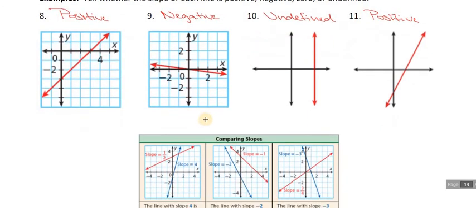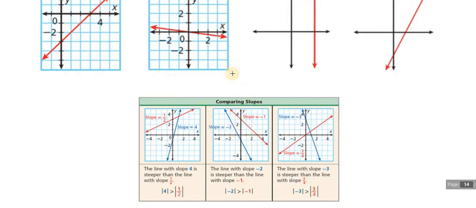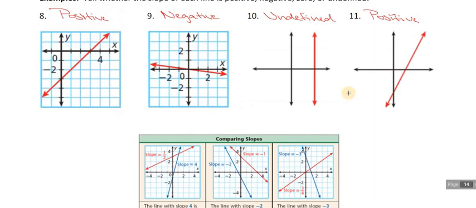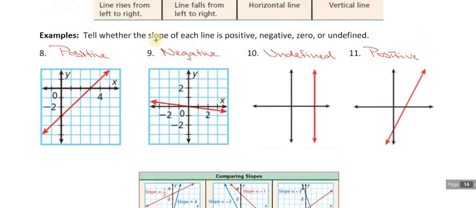Okay, we do then have a little infographic down here talking about the comparison of slopes. The larger the absolute value of the number, the more severe or steep the line will be, whether it's positive or negative. I do want to find the actual slope of number 8 by calculating rise and run, because it is good practice.